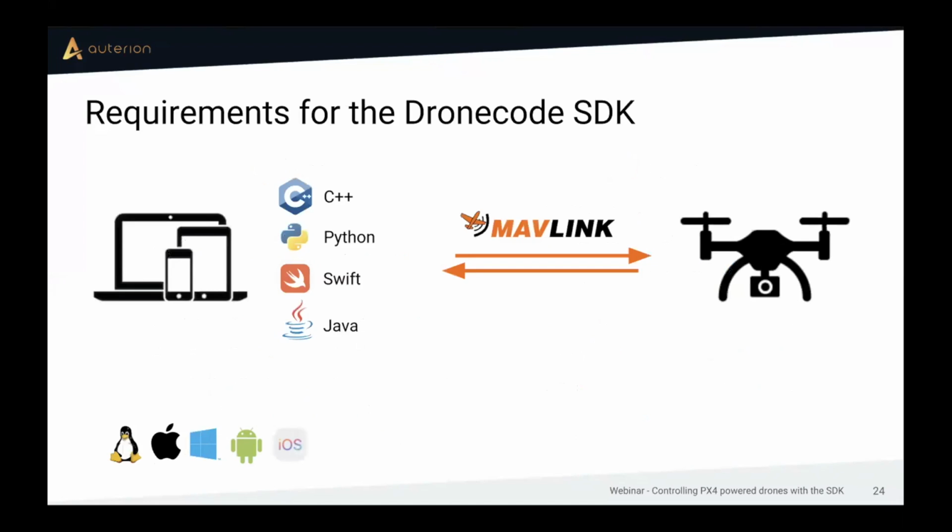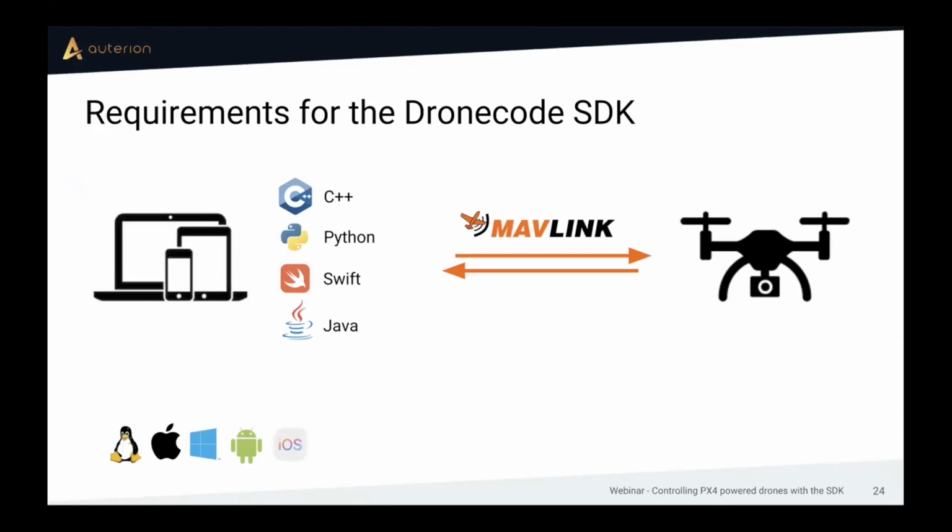With this in mind, we started working on the Drone Code SDK about 2 years back. And there are quite a few other requirements on top of just this simple and stable API. The SDK also needs to be usable in different programming languages: C++, Python, Swift on iOS, Java on Android, just to name a few.